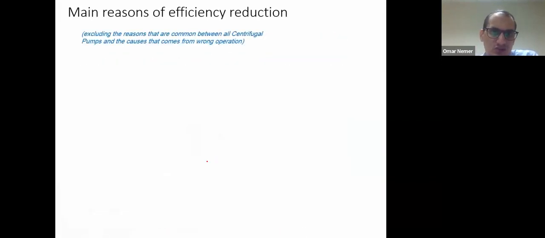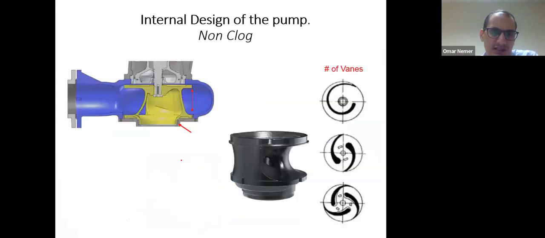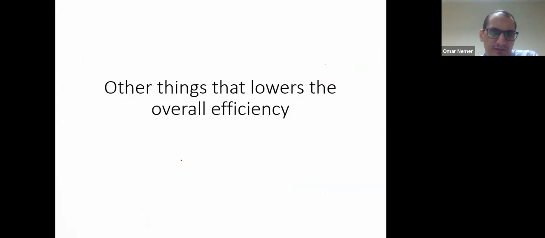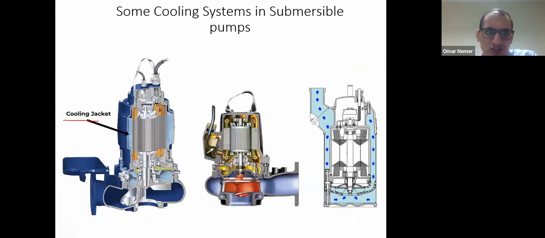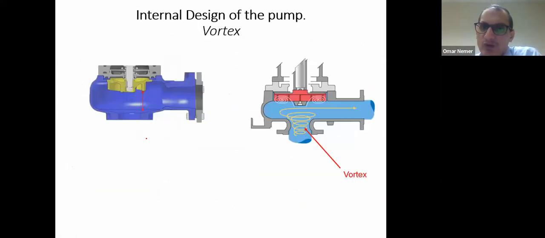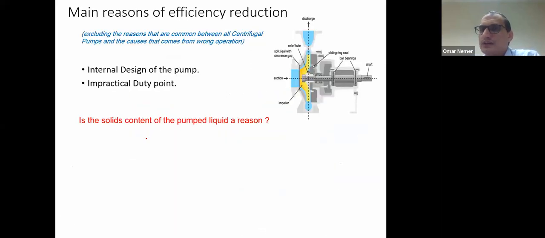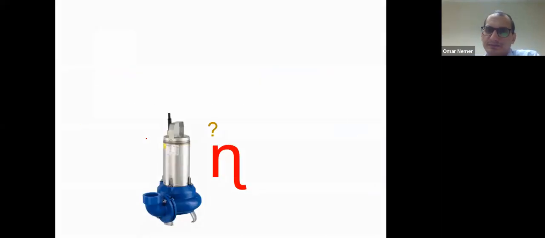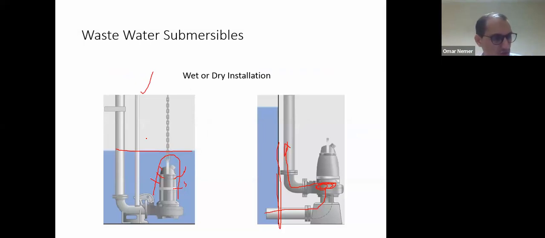Just to show you, a cooling jacket looks like this. You can see this is the wall of the motor, and this is like an external cover, and there is a cooling liquid inside surrounding the motor. Why? This is to provide good cooling for our motors.